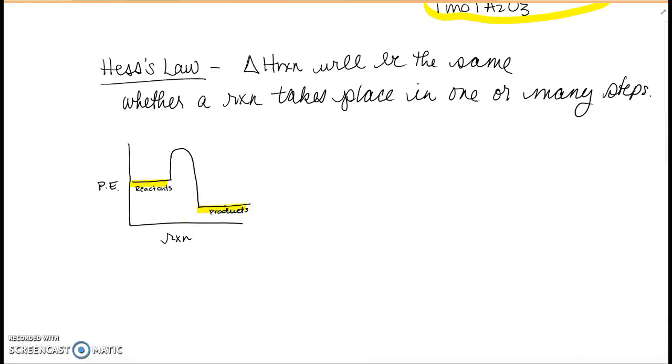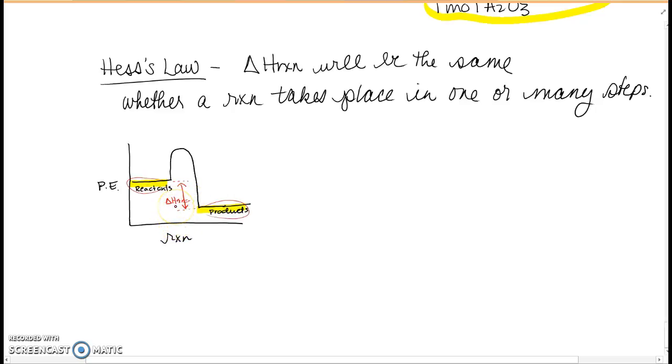And so this reaction must lose energy. In fact, the difference between reactants and products represents the heat of reaction. So if you were to take the energy of the products minus the energy of the reactants, we would get a negative number, which is why delta H would be negative.